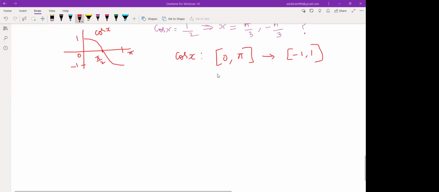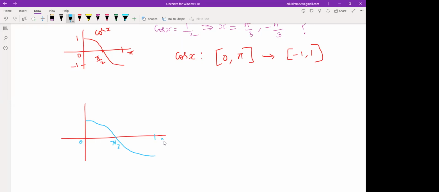Now, if you want to draw the cos inverse x graph, what you will do is take the cos x graph, which you know is like this. This is 0, this is pi by 2, this is pi, this is 1, this is minus 1. This is cos x.